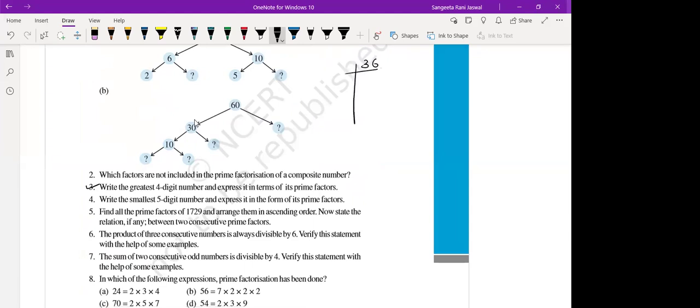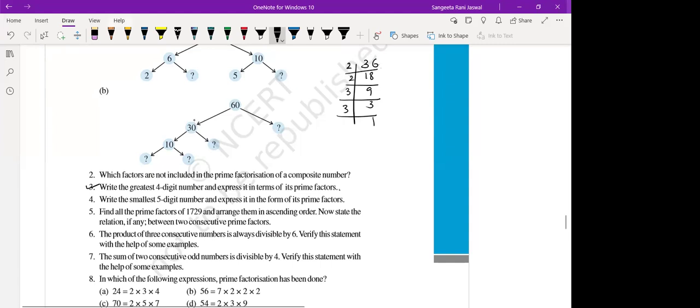Suppose I have a number, say 36. All the prime factors which I take will give me the set of prime factors. So this is 2, 18, 2, 9, 3, 3, 3, 1. Like this, find the greatest 4-digit number and write its prime factors.